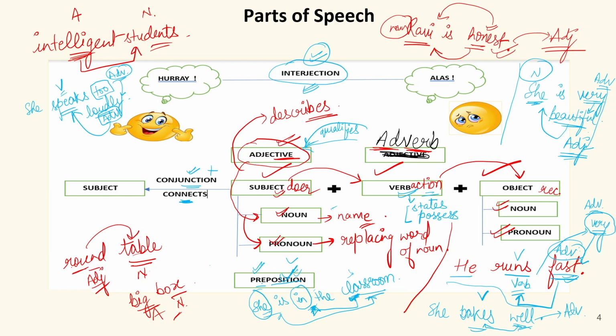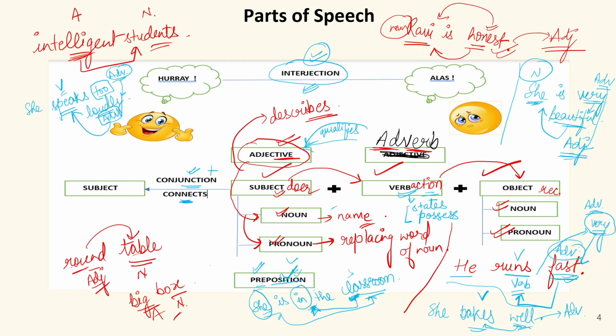Now, what are interjections? Interjections are sudden emotions which come out immediately when something happens to us. For example, if I see a snake in front of me, maybe I scream, maybe I stand still, maybe I scream in fear, maybe I say, oh my god.